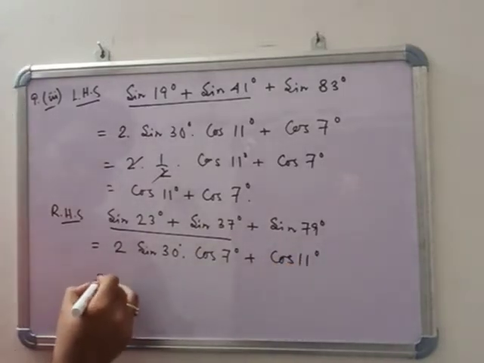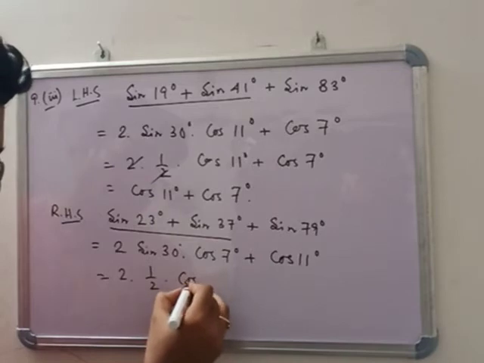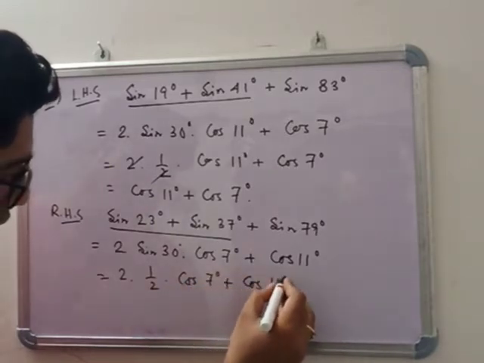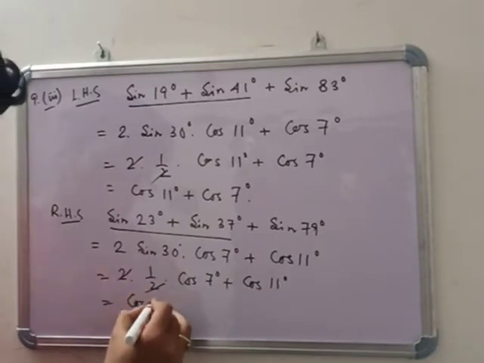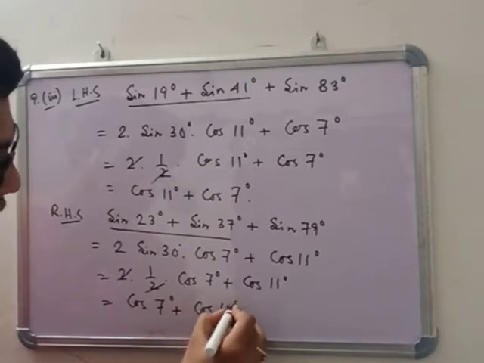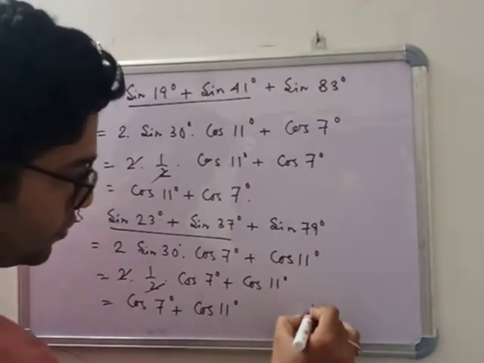So 2 into half into cos 7 plus cos 11 degree. So this is cancelled. So we get cos 7 degree plus cos 11 degree, which is the LHS. So proved.